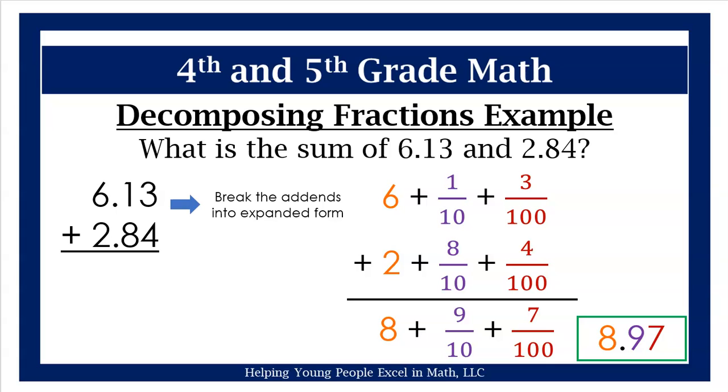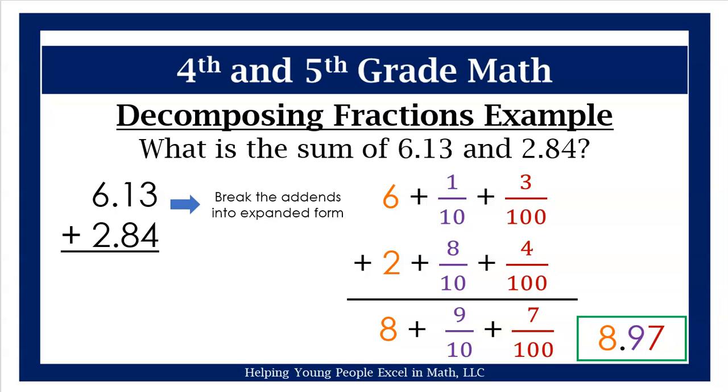Okay, now let's set up the next number, 2.84. 2 is our whole number, that stays the same. Since 8 is in the tenths place, we are going to convert that into a fraction of 8/10. And then for our 4, since it's in the hundredths place, it will be 4/100.